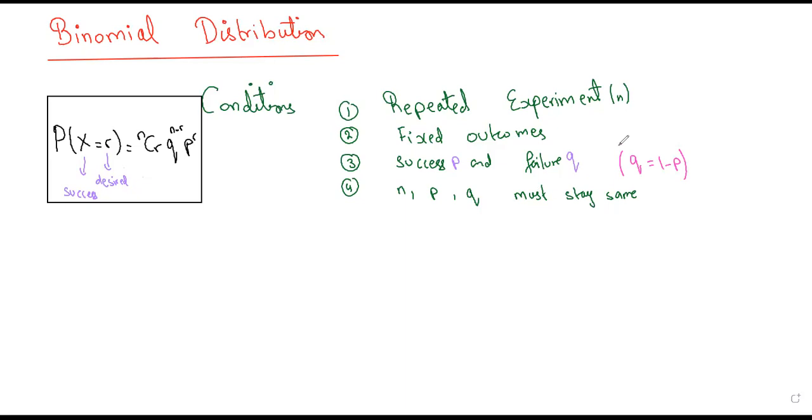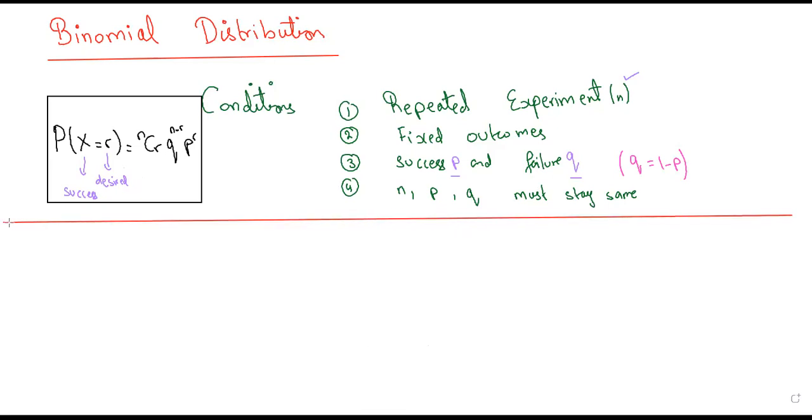And then N is the number of times we are repeating the experiment. P is the probability of success. Q is the probability of failure. And R would depend on the question. I'll write down a question and then you would understand what exactly is happening. So let's talk about the question quickly, just so things are clear. This is everything you should know about binomial distribution, and that is it.